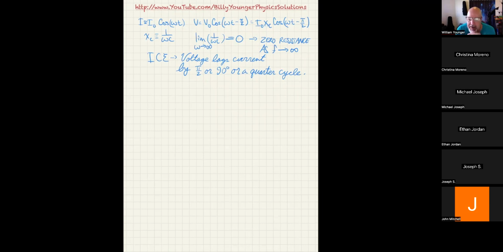And what we see is that the resistor pretty much doesn't mess with the phase. The current and voltage peak at the exact same time, trough at the exact same time, and go to zero at the exact same time through a resistor. But for an inductor, we have ELI, so that the voltage leads the current in the inductor, and then we have ICE, so the current leads the voltage in a capacitor.